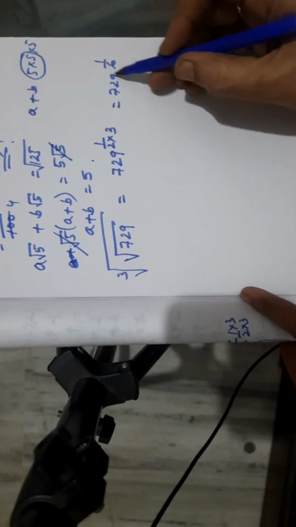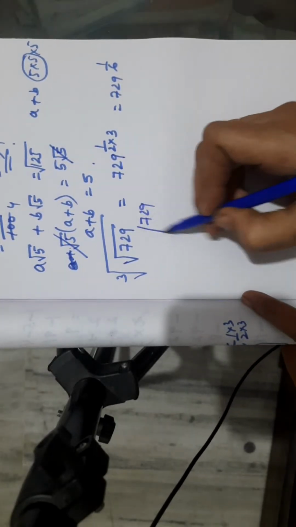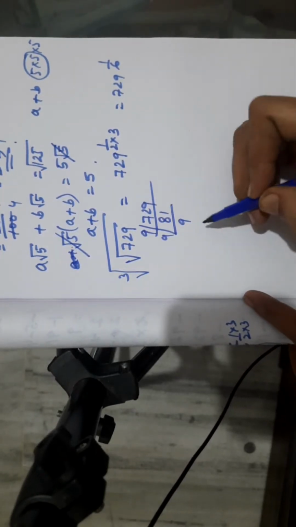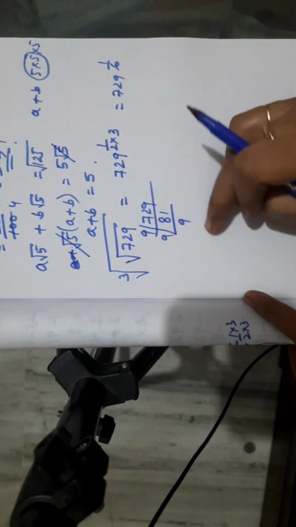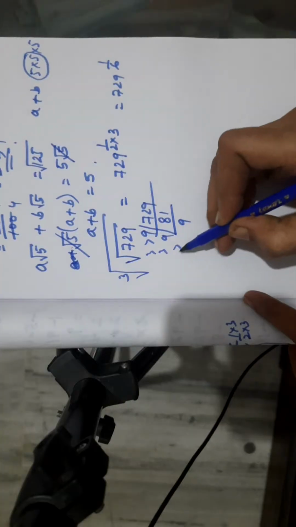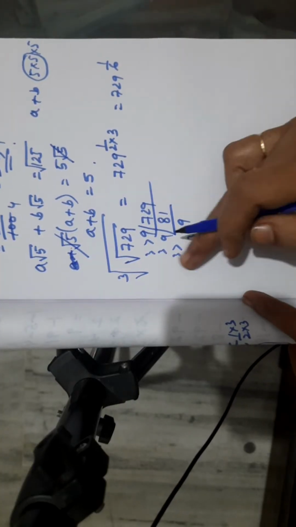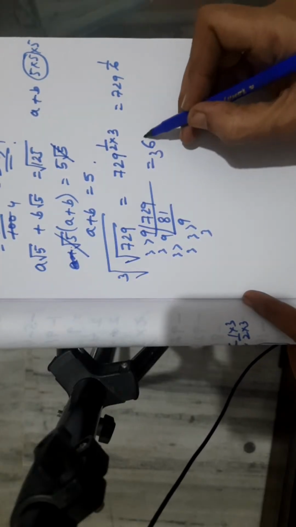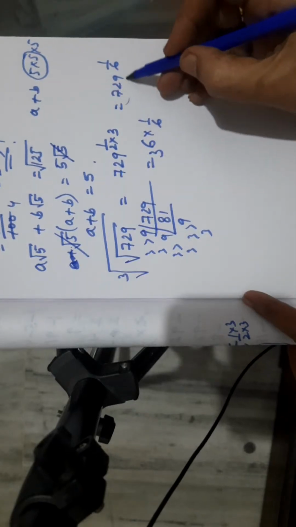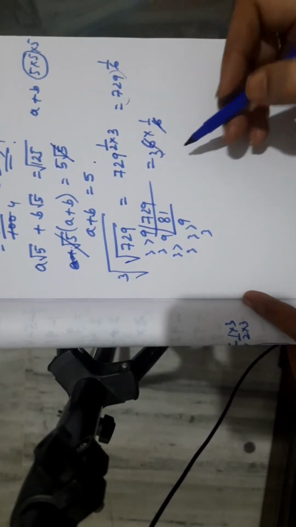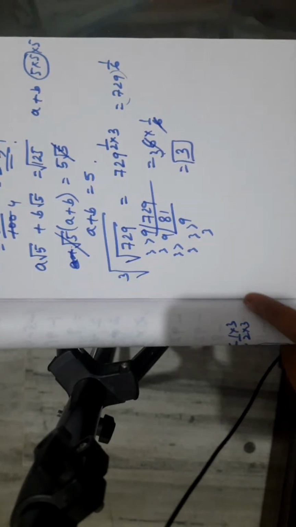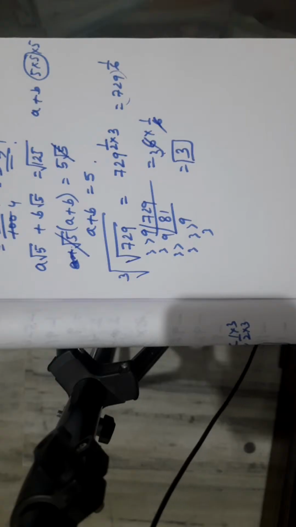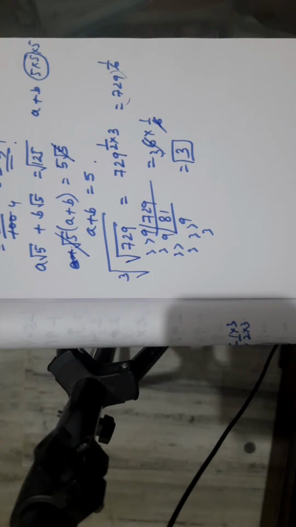Now get the prime factors of 729. 9 nines are 81. We get 3 six times; 3 threes are 9, 3 threes are 9, 3 threes are 9. So 729 can be replaced by 3 raised to power 6, multiplied by the power 1 by 6. The 6 will get cancelled, so the final answer is 3. Clear? Very good. 3 is the correct answer.